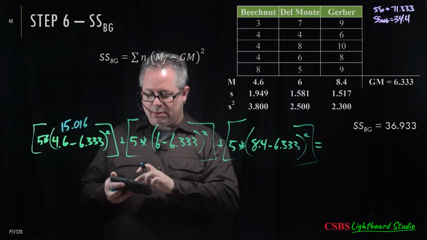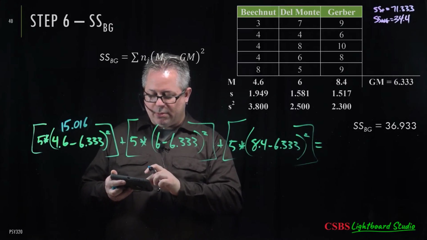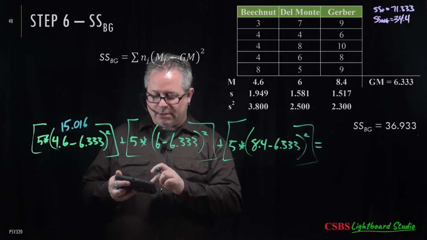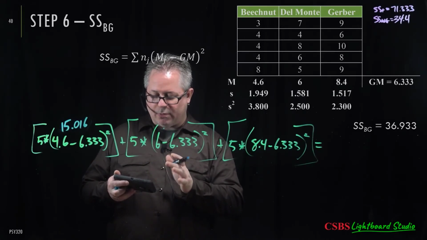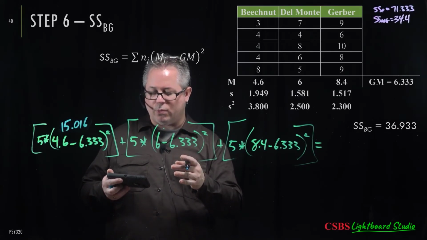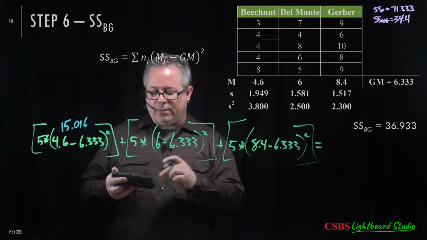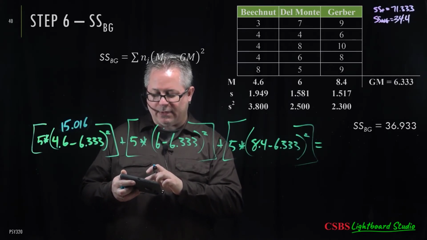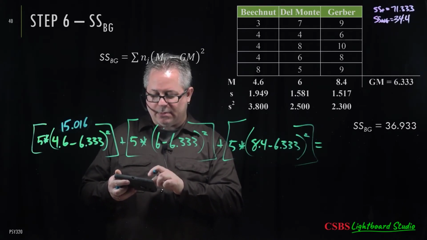Wait, I see what's happening. 6 minus 6.333 squared is roughly 0.110889, which I think before we had rounded up to 0.111.